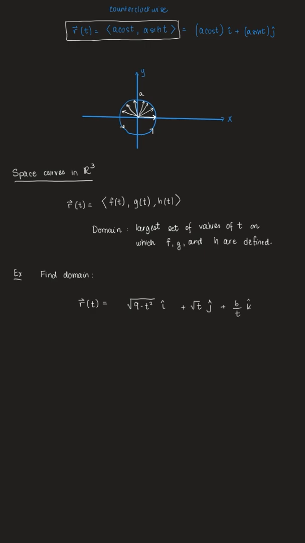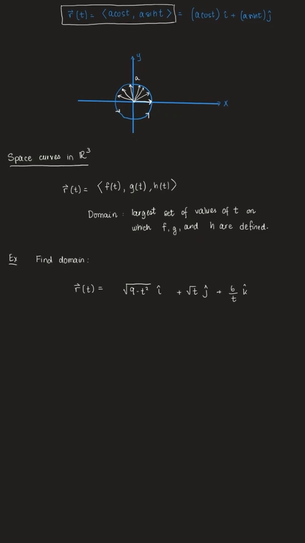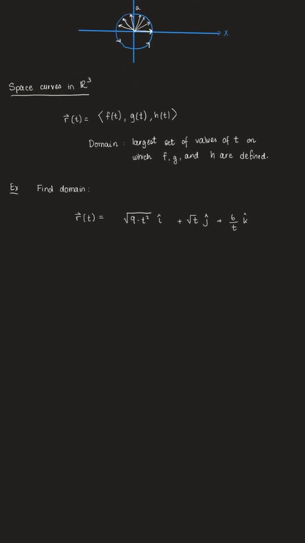I need a common domain among these functions. So first, we can see that our x component is defined by a square root, the square root of 9 minus t squared. Our y component is the square root of t, and our z component is 6 over t.